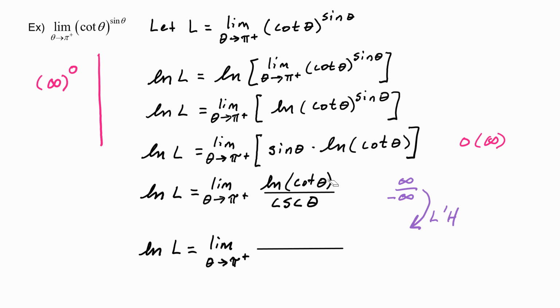So the derivative of cotangent of theta is negative cosecant squared of theta. That's the u prime. We have to put that over u, which is cotangent of theta. The derivative of the denominator, since it's cosecant theta, is going to be negative cosecant theta cotangent theta.